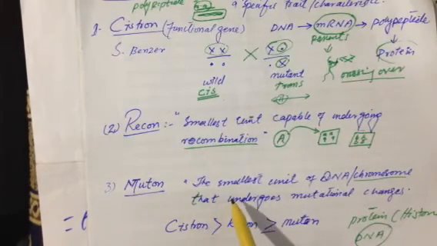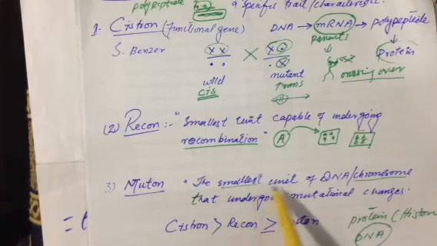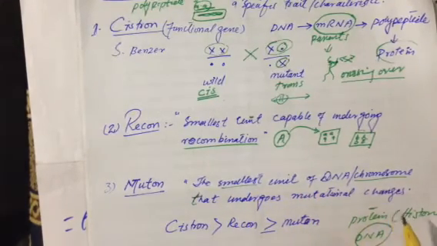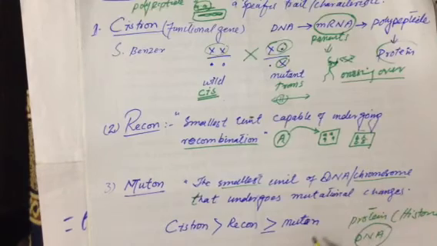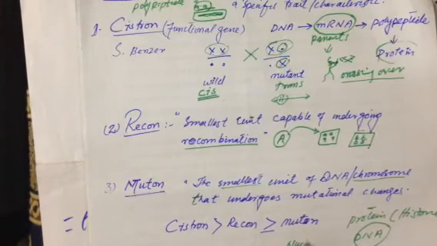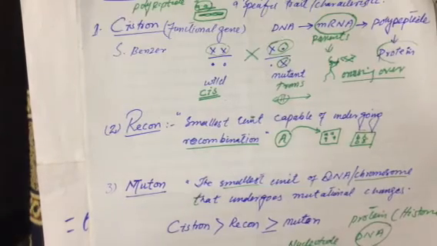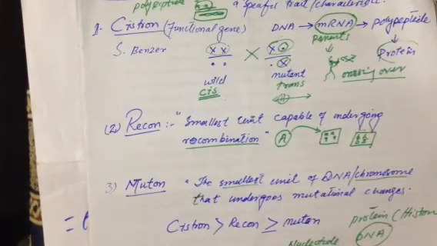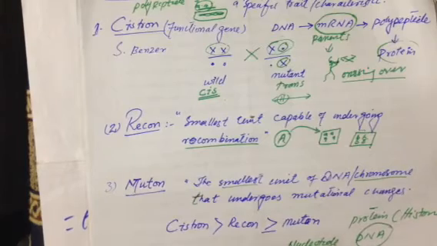So here, as we have mentioned, the smallest unit of DNA or chromosome that undergoes mutational changes is the nucleotide. As we know, DNA is the polynucleotide chain. So the single unit of DNA is the nucleotide: adenine, thymine, cytosine, and guanine.